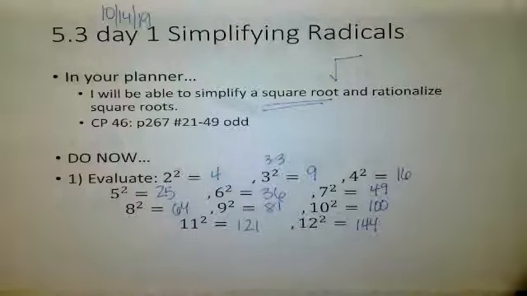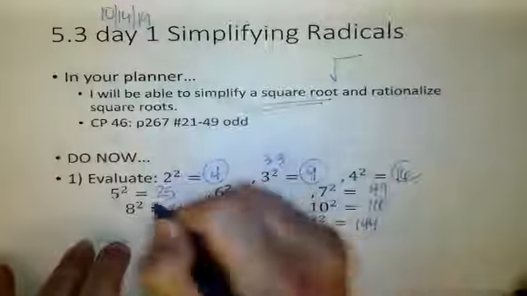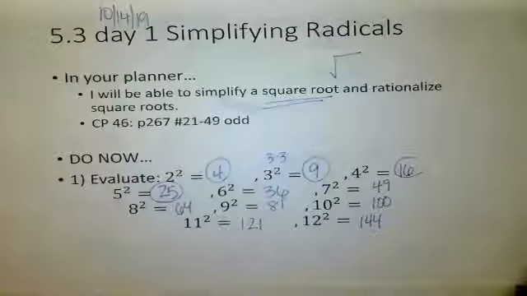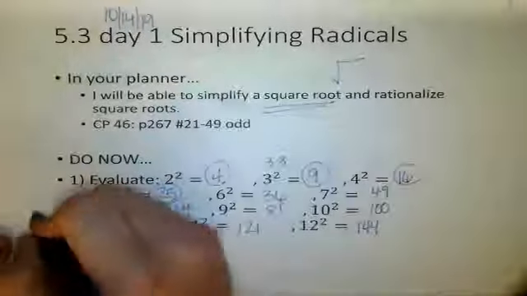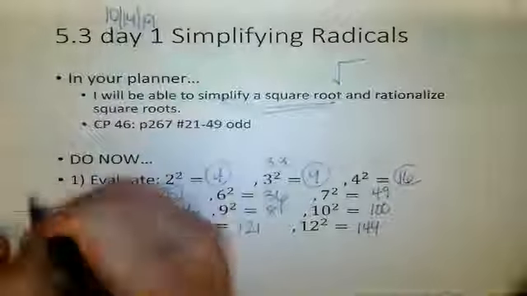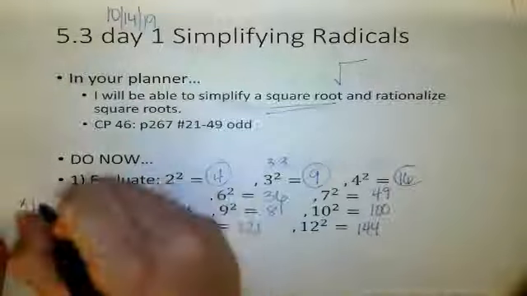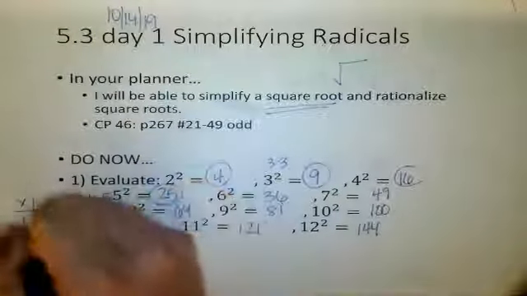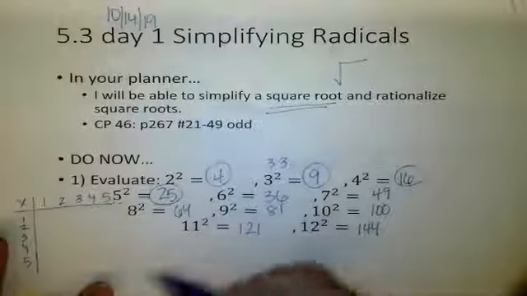I want to talk about perfect squares. So 4 and 9 and 16 and 25 and so on are called perfect square numbers. The reason they're called perfect squares is if you go way back to elementary school, where you had the multiplication chart, 1, 2, 3, 4, 5, and so on, and 1, 2, 3, 4, 5. You remember that multiplication chart?